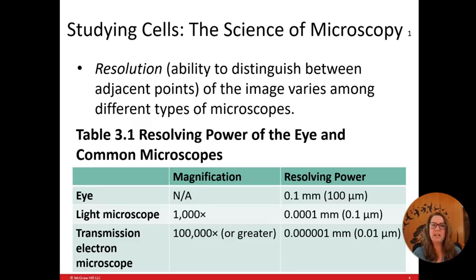All right, so you're going to have a chance to work with a microscope in your virtual labs, but a couple of things I wanted you to think about. The first one is resolution, which is the ability to distinguish between adjacent points of an image, okay? Different kinds of microscopes work differently, and your ability to distinguish between two points gets better and better when you use the really super fancy microscopes.